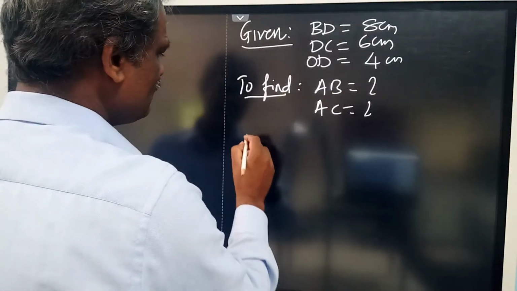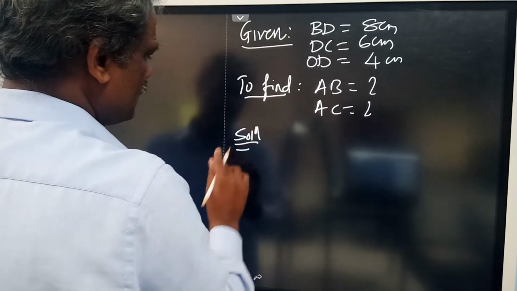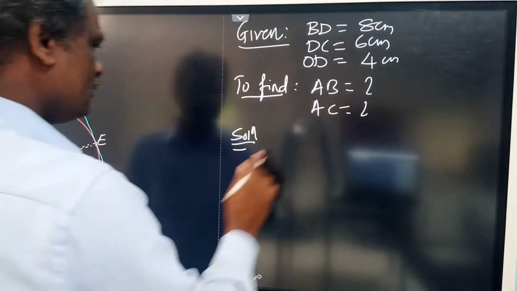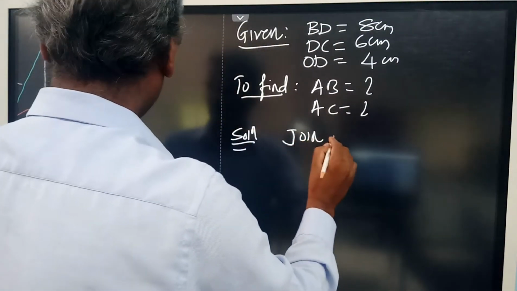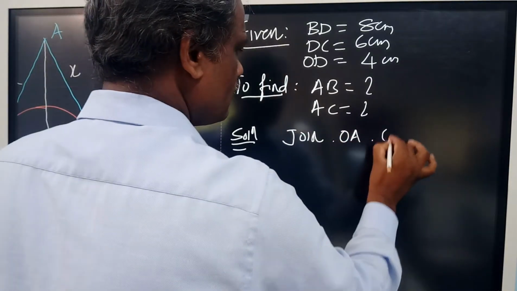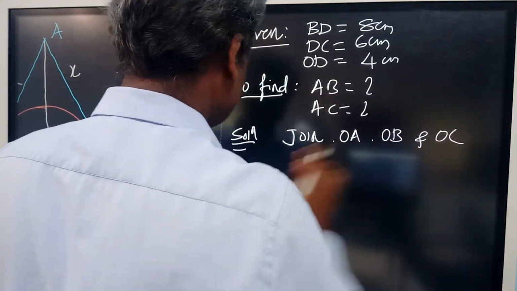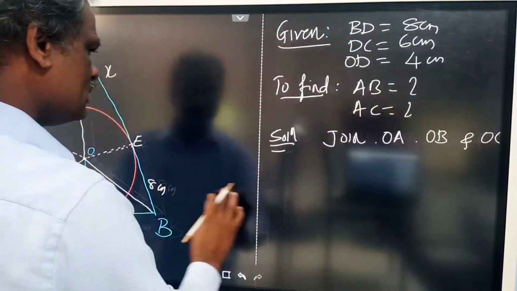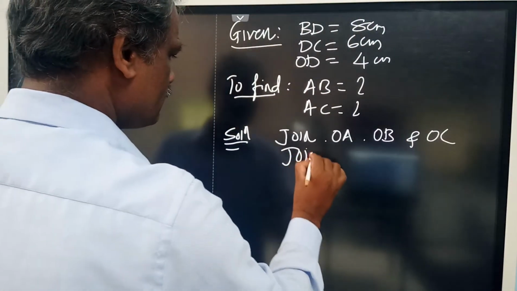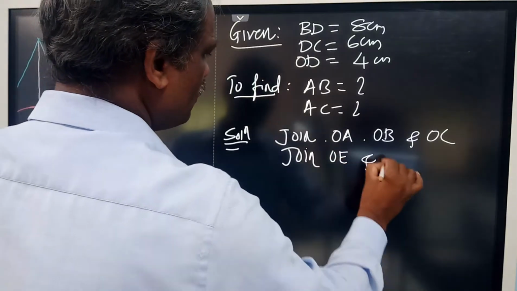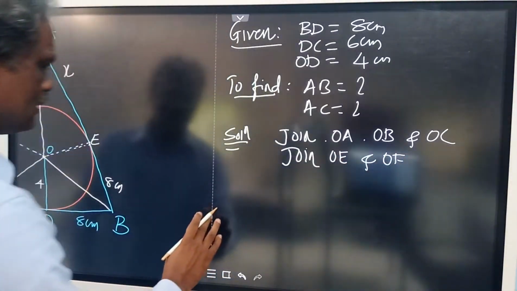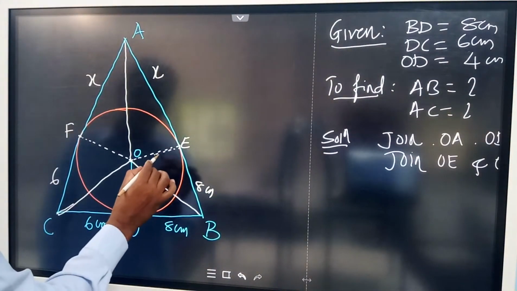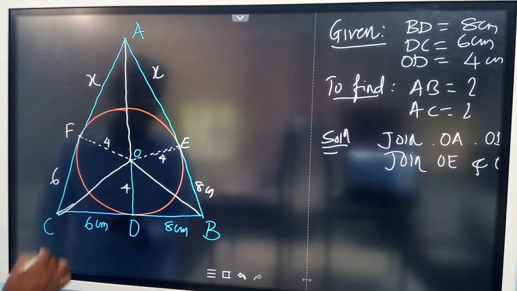So in finding the solution, let us join OA, OB and OC, all the vertices. Again join OE and OF also. Here this is 4 centimeter, so this also 4 centimeter, this also 4 centimeter.